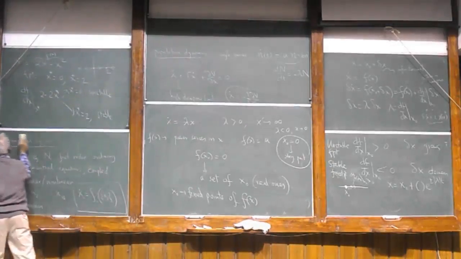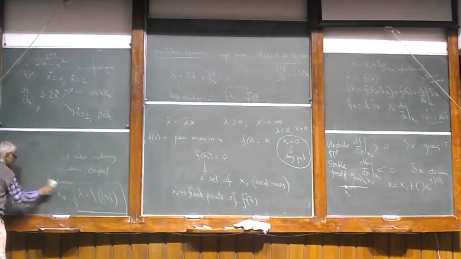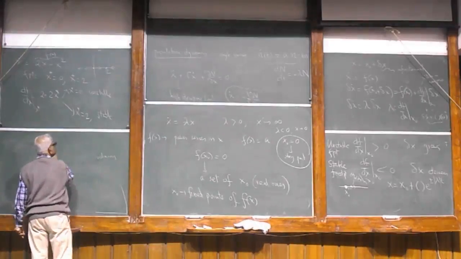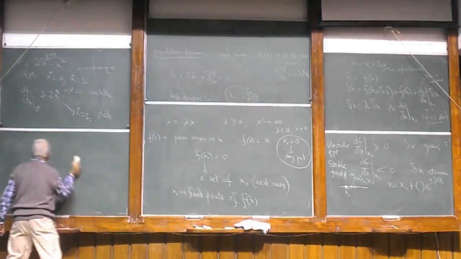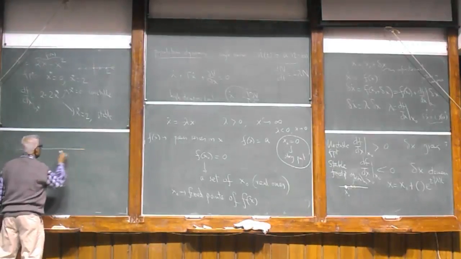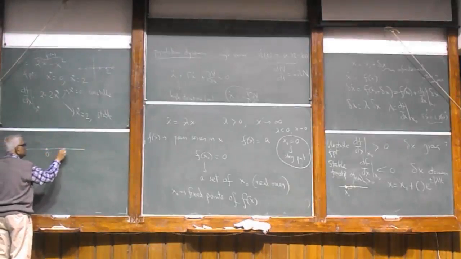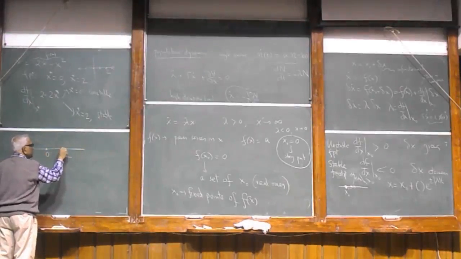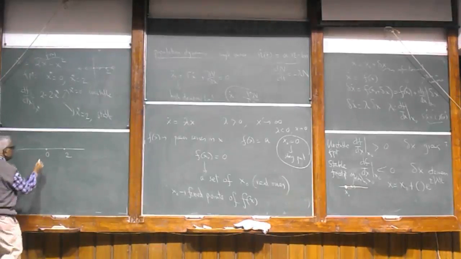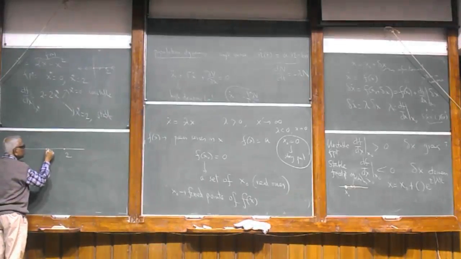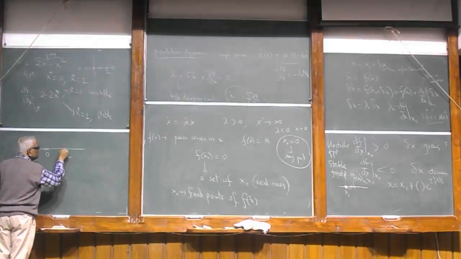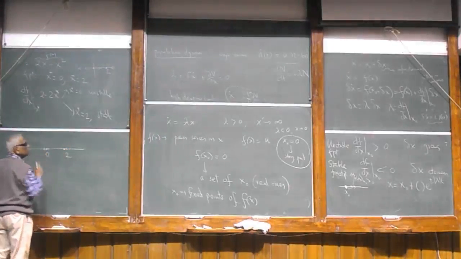It tells you that on this line over here, I have origin and I have 2, and it's linearly stable, linearly unstable, which means if I start out in the vicinity of this, then I'm going to move away, and if I start out in the vicinity of this, then I'm going to move in.